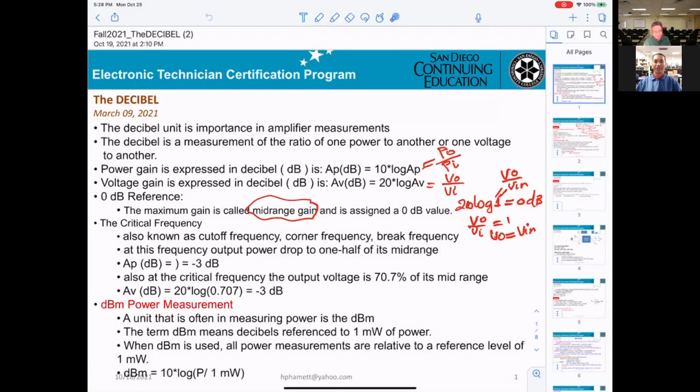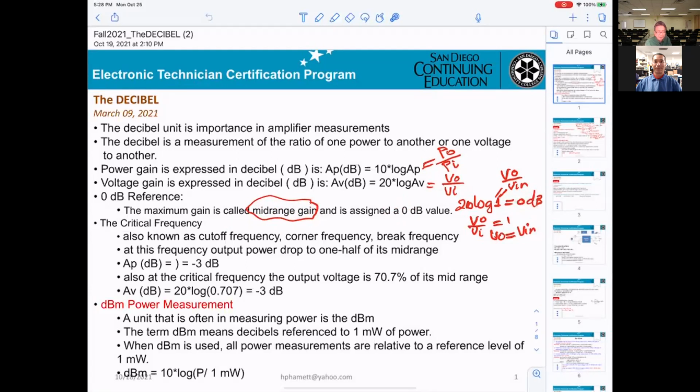We have not lost anything. For example, you apply 10 volts peak to peak at the input, and the output equals 10 volts. That means the same. Maximum gain equals mid-range gain, and equals 0 dB. If you take 20 log of 1, you get 0 dB.